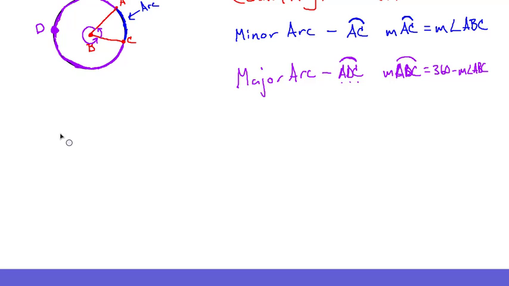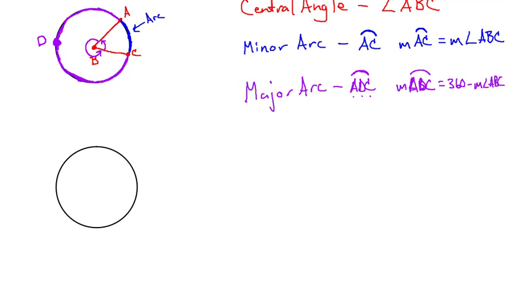So do another circle. And in this circle, I'm going to put some segments and make a couple of angles. So we're going to have one segment that goes to our center, another segment that goes to the side, and then this segment that goes down the side. So this is random.